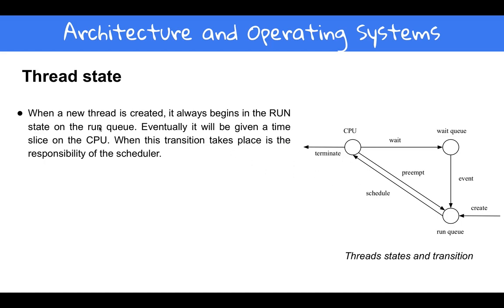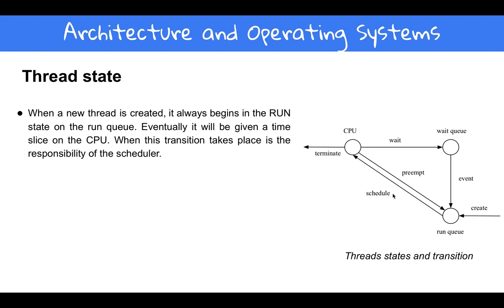When a new thread is created, it immediately goes to the run queue. It always begins in the run state on the run queue. In the thread structure, the state will be run, and it will be given some time to be executed on the CPU.